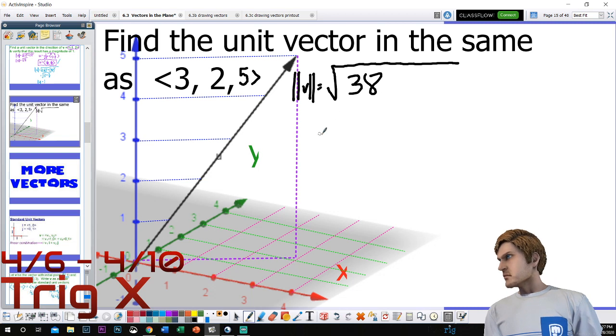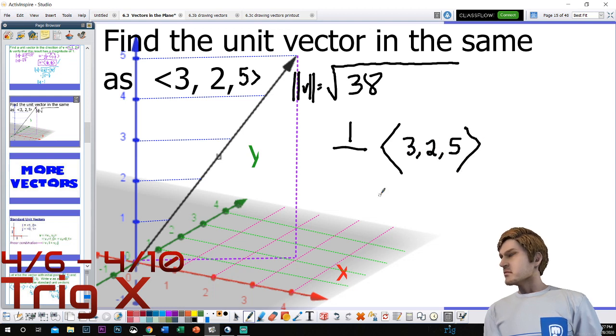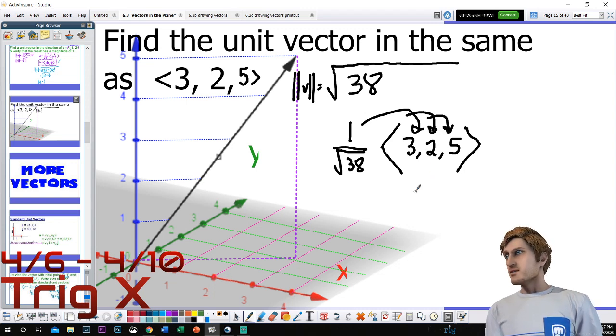Okay, now I'm going to take 1 divided by the magnitude times my original vector, which was 3, 2, 5. My magnitude, we said, was the square root of 38. So I'm going to distribute this now to all 3 of these components of the vector.